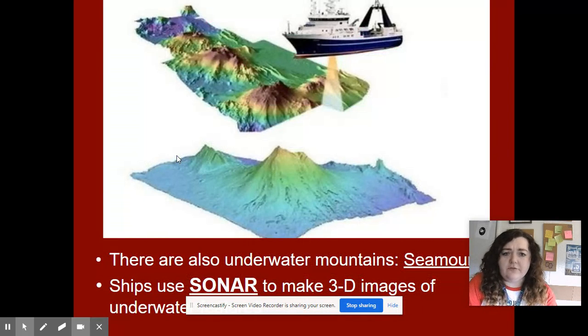When these seamounts reach sea level, though, they then become islands. So we've talked about the world's tallest mountain that starts under the sea, but the part that's over the water isn't quite as tall as Mount Everest. So that's on an island, though. Whatever breaches the surface of the water becomes the island.